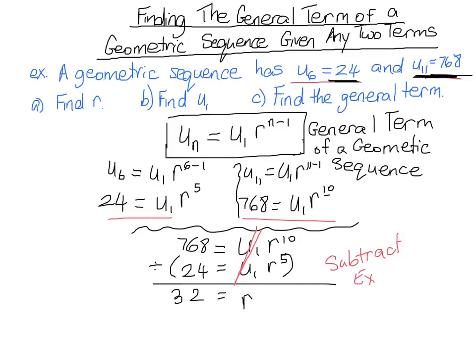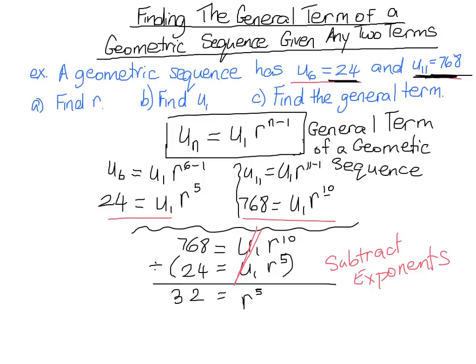So we subtract the exponents, and we get R to the 5th on the right side.